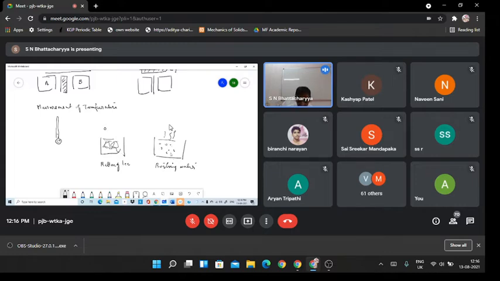So then let me call this 0 degrees centigrade, and let me call this 100 degrees centigrade. So I mark those here, divide it equally, and then I have a temperature scale.